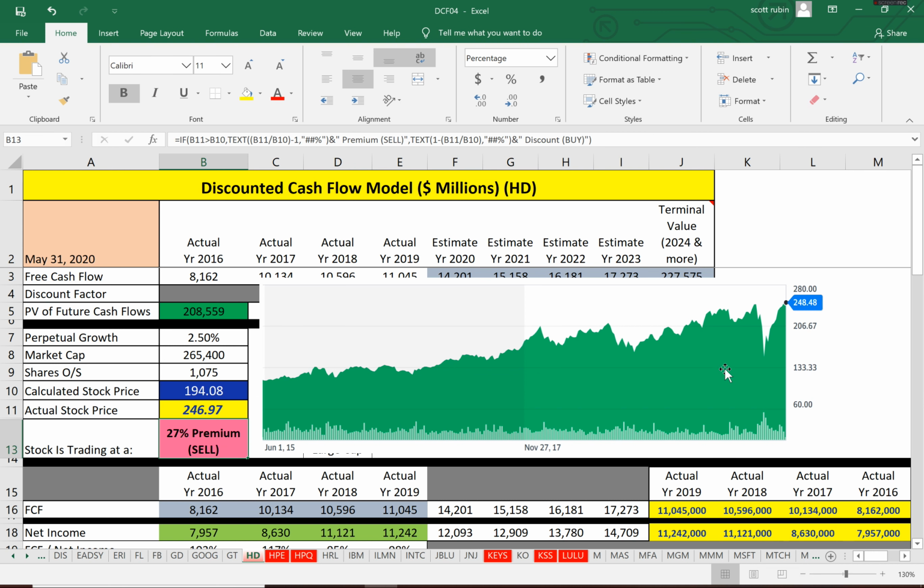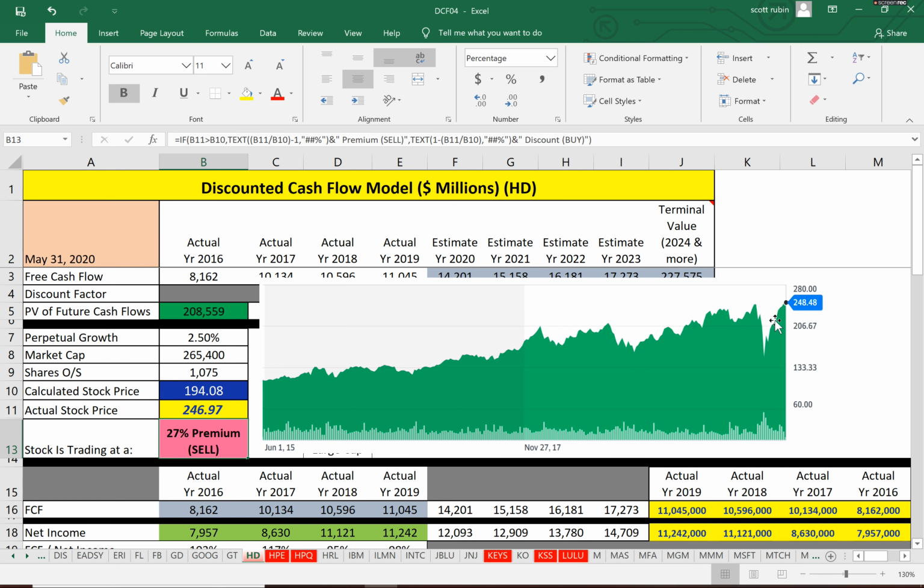Now let's look at historical. The stock price was trading below intrinsic value in March and maybe last year, but it's trading at a premium now. So stocks can trade higher or lower than intrinsic value. The stock price moves based on the market demand.